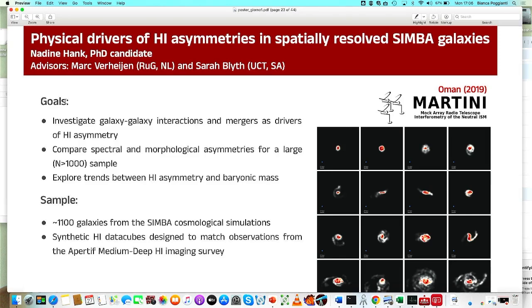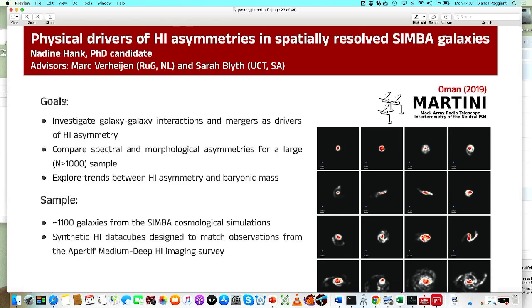observe. So in this study, we focus on galaxy interactions and mergers as a possible driver for these asymmetries, and we turn to simulations where we're able to trace a galaxy's dynamical history and also obtain a large sample of spatially resolved samples.